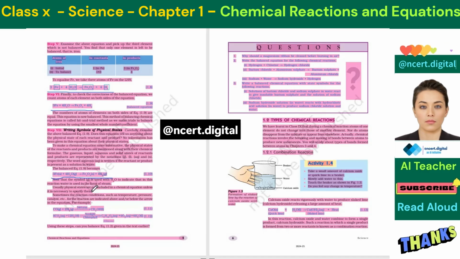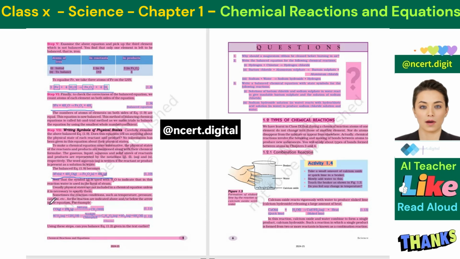Sometimes the reaction conditions, such as temperature, pressure, catalyst, etc., for the reaction are indicated above and/or below the arrow in the equation.